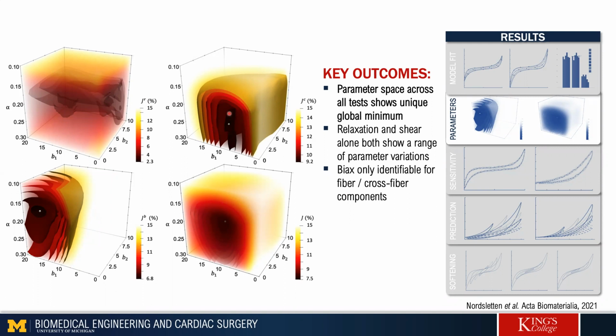What you see instead is a range of parameters which would give you pretty much the same value. The biaxial looks a little bit better, but that's misleading, because if you just focused on the biaxial data, you don't have enough information to set a lot of the parameters in the model. So this isn't sufficient in and of itself. Really what you see is that, again, combining all of the data gives you a much better idea of what's happening in these types of models. And you can see that it actually gives us a nice unique minimum for this material model.